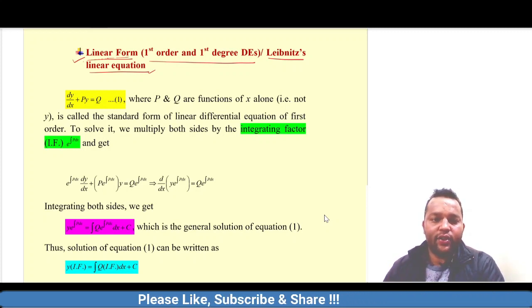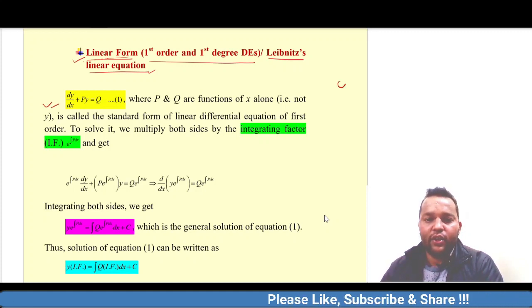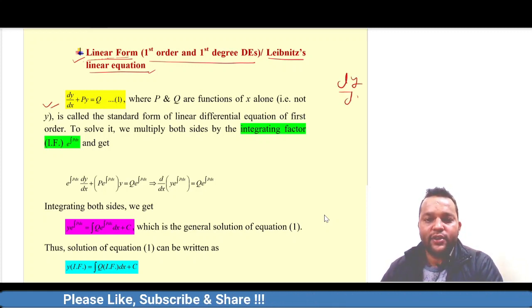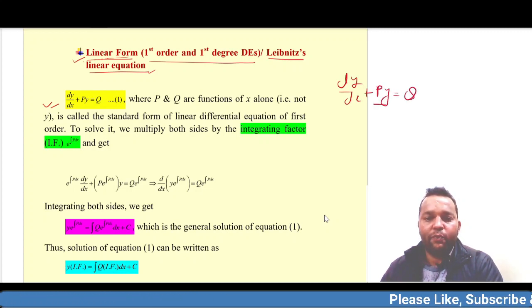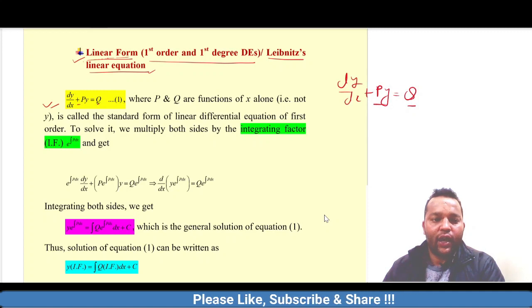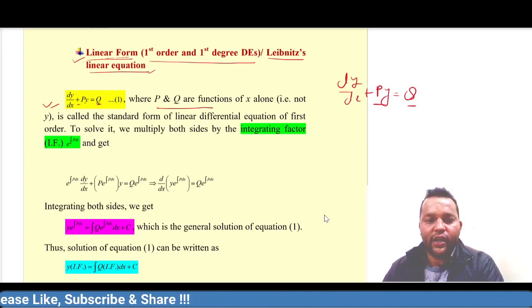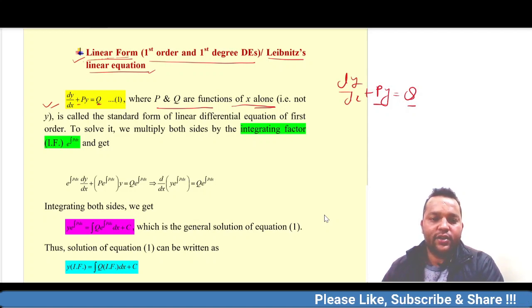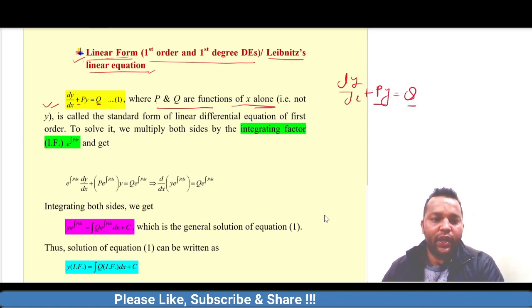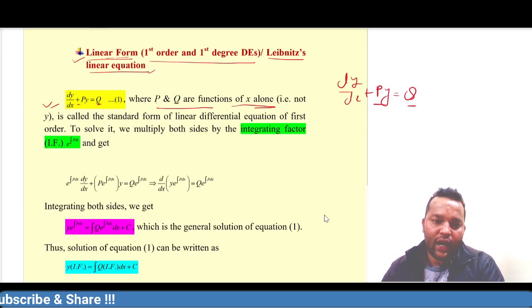The linear differential equation of first order and first degree can be expressed in the standard form dy by dx plus py is equal to q, where p and q are either constants or functions of x alone.